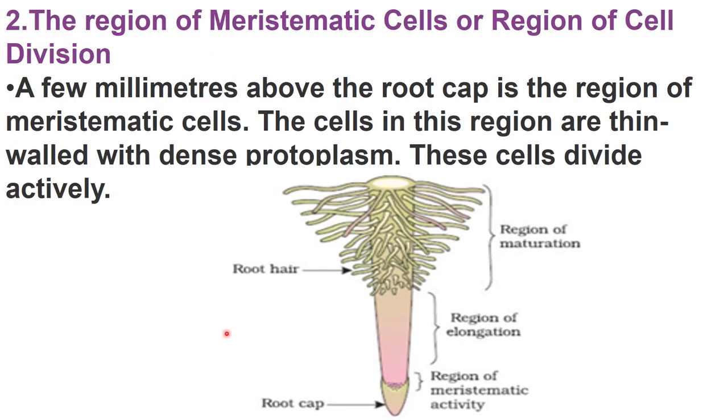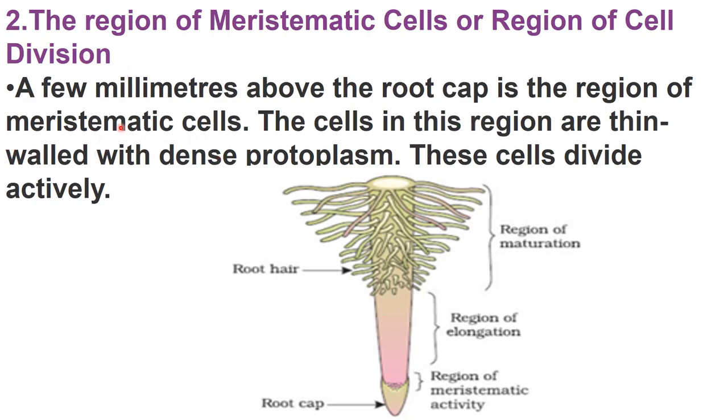Now second part, just above the root cap. See this part, this one. This is called region of meristematic activity. Only this part. Okay, just above, a few millimeters above the root cap is the region of meristematic cells, and this is called region of meristematic cells or region of division, because rapid division is the characteristic feature of the meristematic cells.